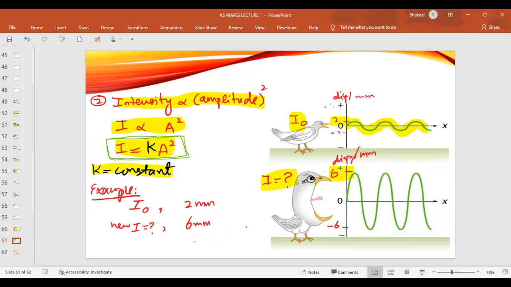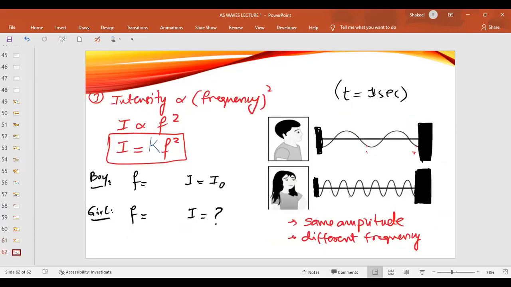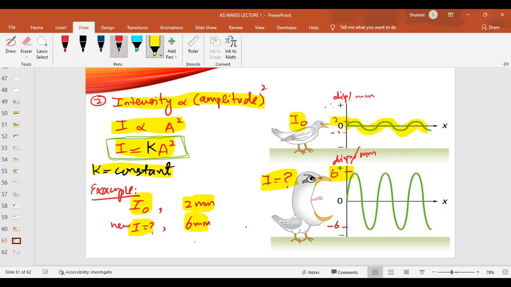So you will say that we have to use this relation, I proportional to A square. When the intensity was I naught, the amplitude was 2. And what will be the new intensity if the amplitude is 6? So how will we solve it? We will use the ratio method.